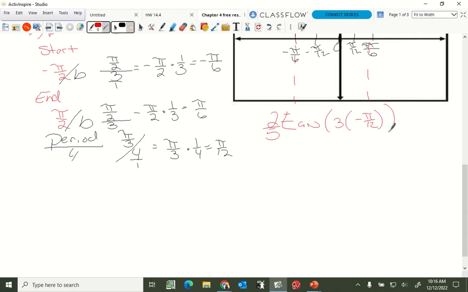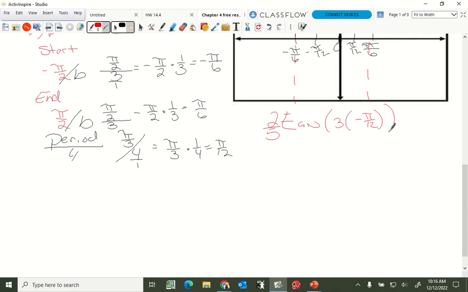On my unit circle, negative pi over 4 goes backwards, so it should be in quadrant 4. So I look backwards pi over 4. The y value is negative. The x value is positive. And at negative pi over 4, right here, you'll end up having a negative 1.